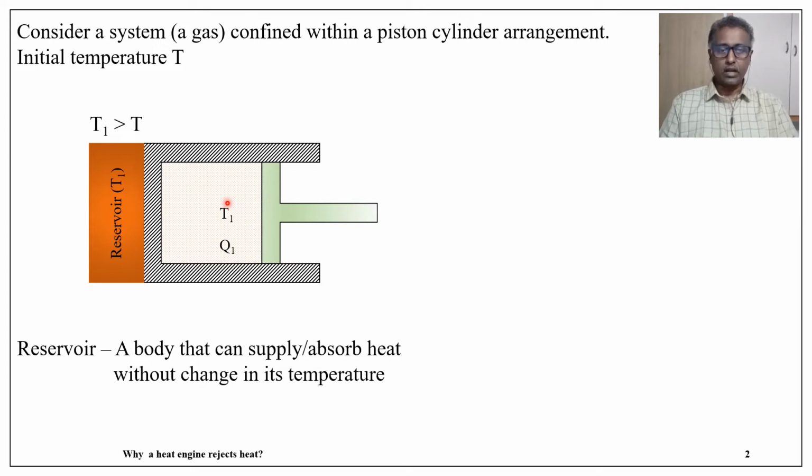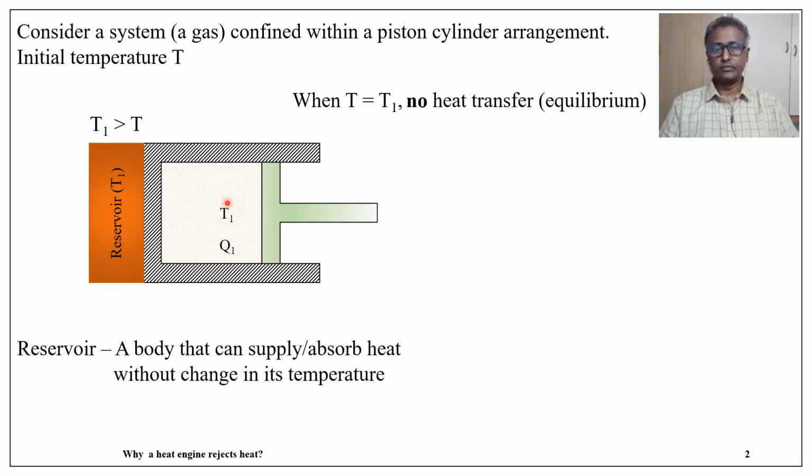The piston stops when T is equal to T1. There is no heat transfer at T equal to T1. That means equilibrium is reached. In other words, the engine stops when equilibrium is reached.